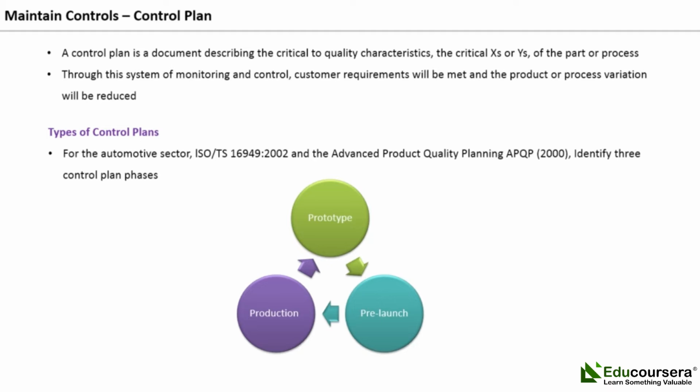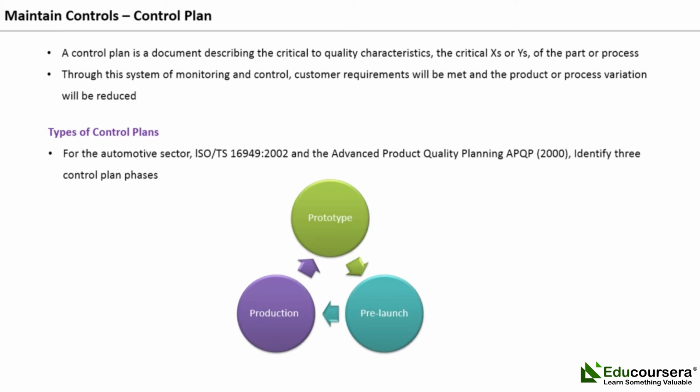A pre-launch control plan is used after the prototype phase is completed and before full production is approved. It lists the controls for the necessary dimensional measurements, types of materials, and performance tests. This plan will have more frequent inspections, more in-process and final checkpoints, some statistical data collection and analysis, and more audits.